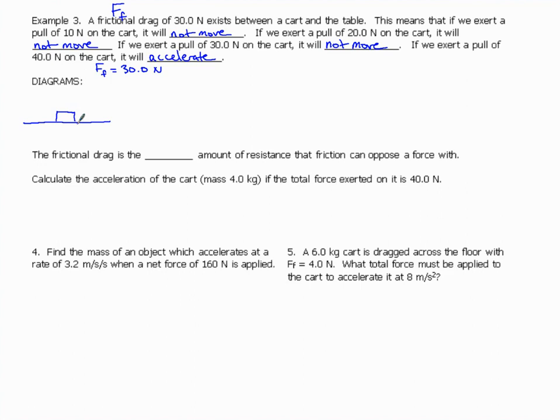For this first picture, we are exerting a pull of 10 newtons on the cart. So here's our pull. It is 10 newtons. And force of friction is 30.0 newtons.